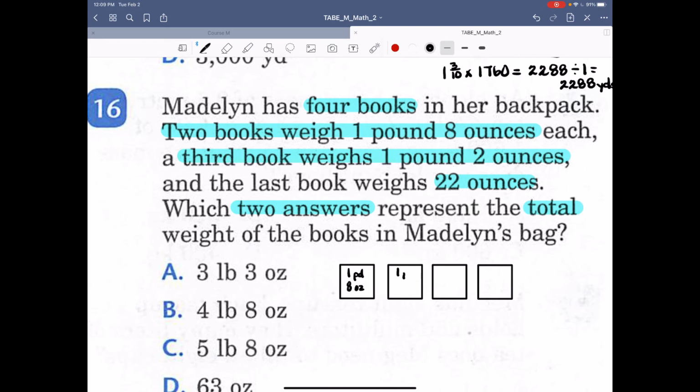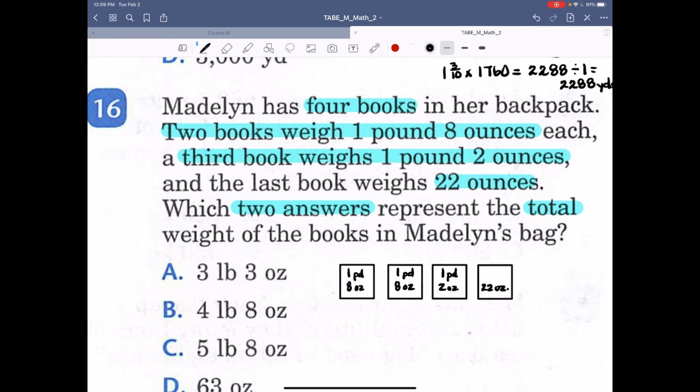So 2 of them are identical, at least in weight. A third book weighs 1 pound and 2 ounces. And the last book weighs 22 ounces.